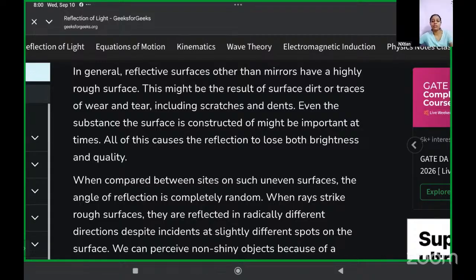For that they have a formula, a set method, where they calculate it, and the formula is the same for calculating diffused reflection, be it by dirt or by scratches or by a broken mirror.